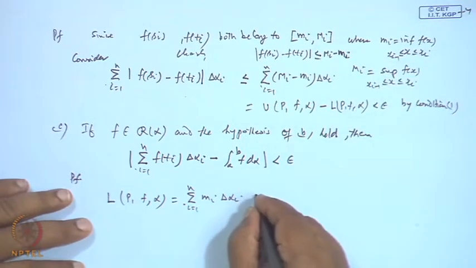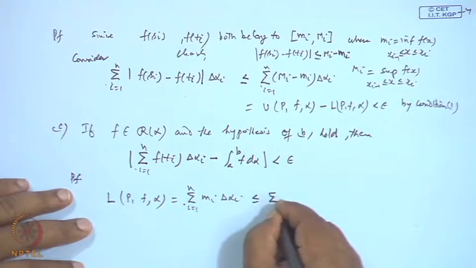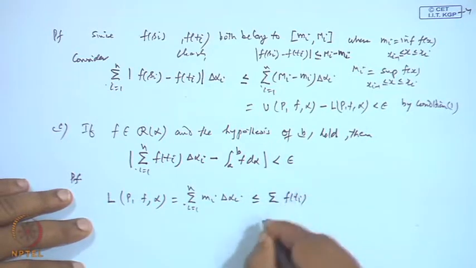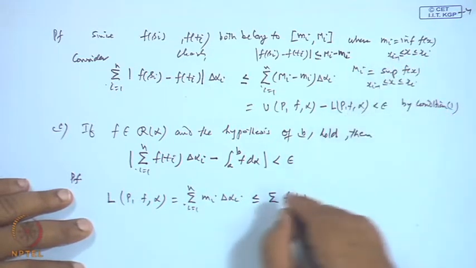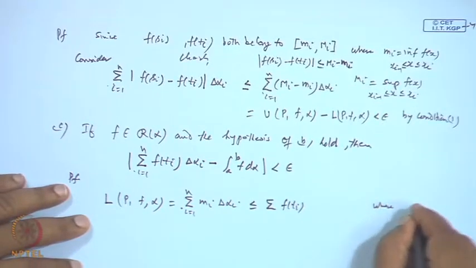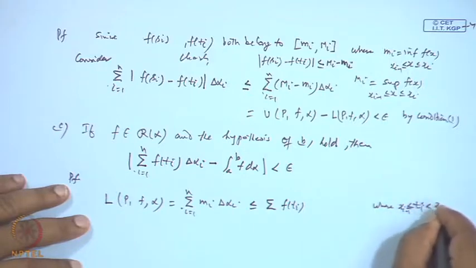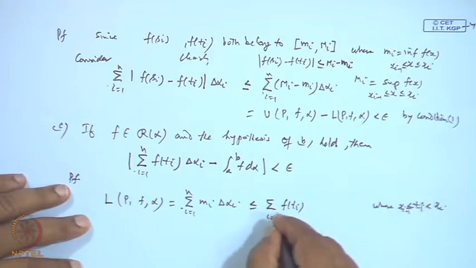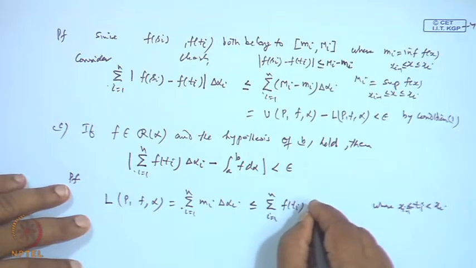So, obviously, this will remain less than or equal to the value of the function f(t_i), where t_i lies between x_{i-1} and x_i. This is the point. So, i is 1 to n and then delta alpha_i.